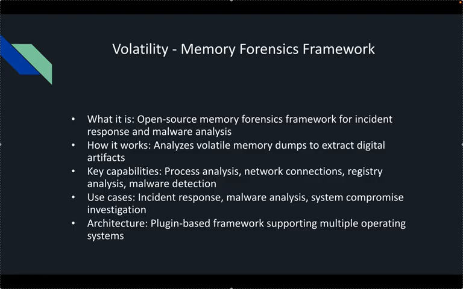It has process analysis to identify running malware, network connection extraction to trace communication, registry analysis for system configuration changes, and malware detection for advanced persistent threats. We use this extensively for incident response when we need to understand what's happening in a compromised system at the exact moment of capture.